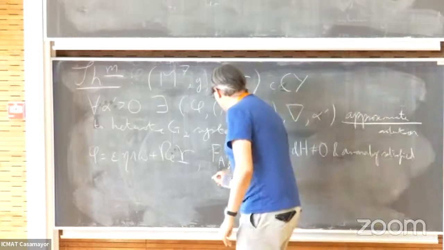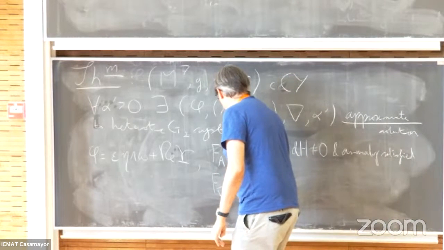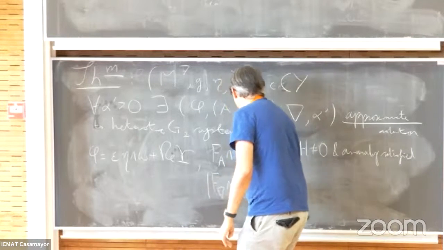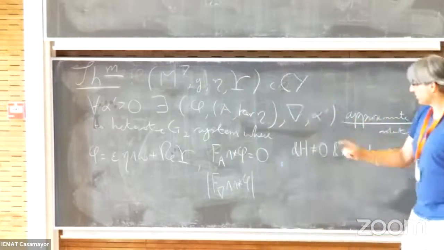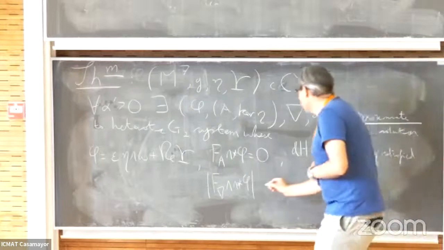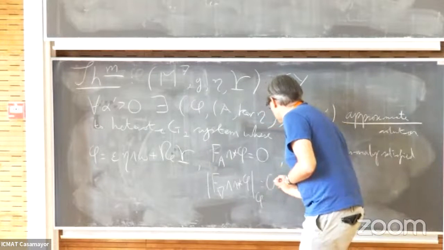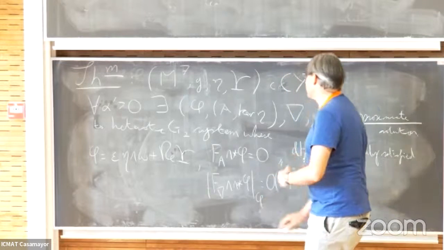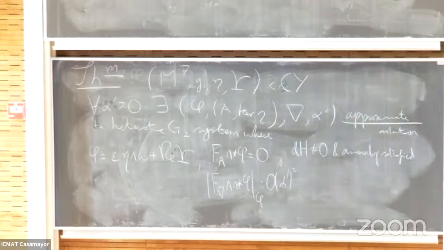But we cannot get the nabla connection to be a G2 instanton. What we can do is make it as small as we like. We can make it order of alpha prime squared. Remember, alpha prime is supposed to be small; we're really thinking about alpha prime going to 0.